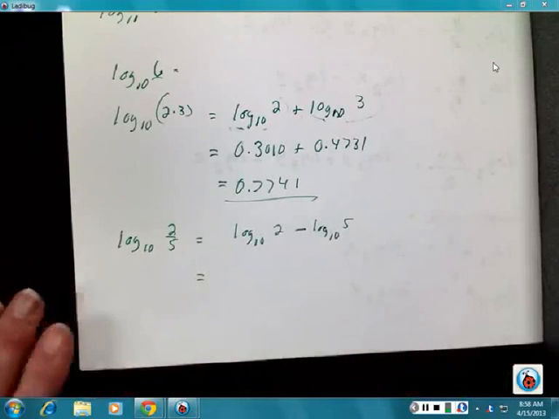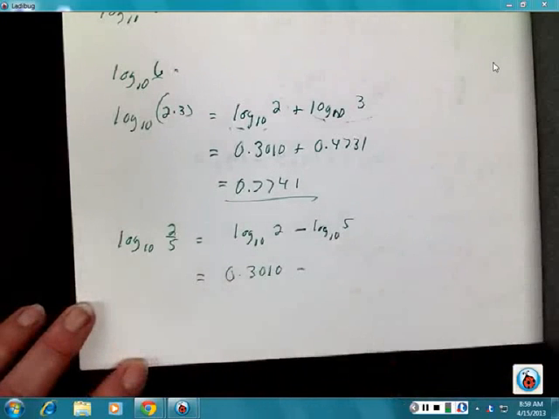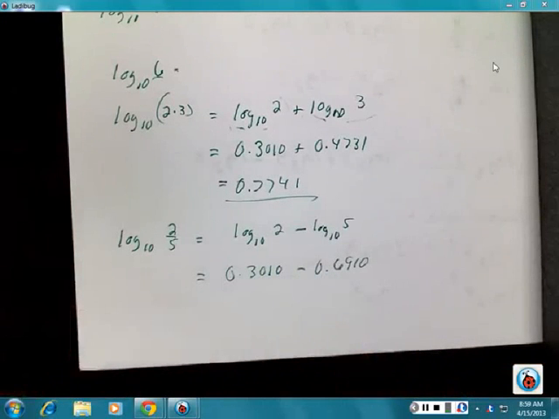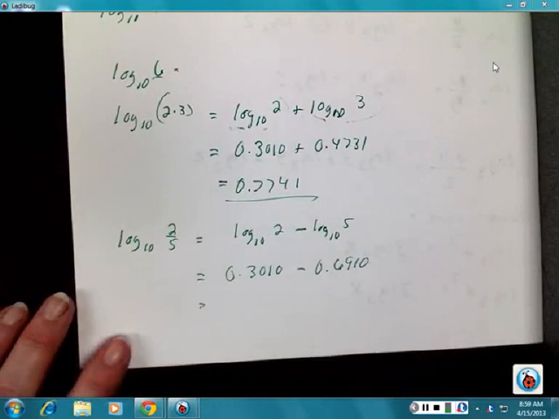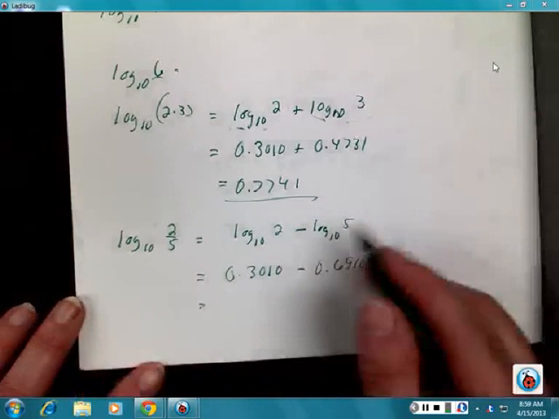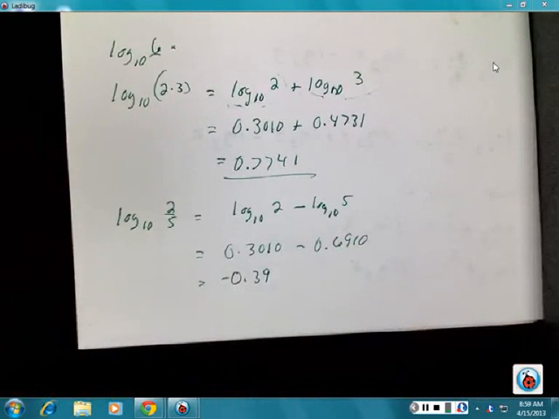And they substituted in what each was equal to, 0.3010 minus 0.6910, and they came up with a solution to that one as well. We end up with negative 0.39 as our solution. And so that's kind of the thing they did in the beginning part there.